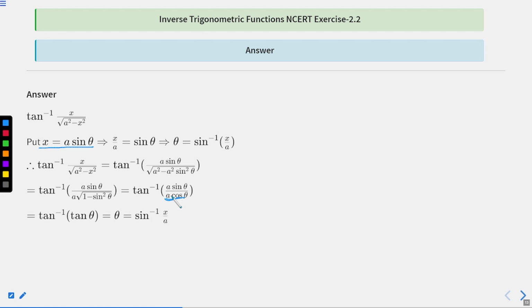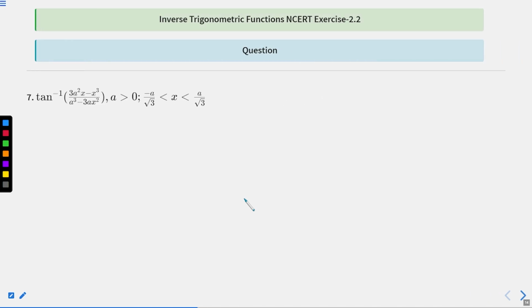As you can see, this a will get cancelled and this will become tan theta. So tan inverse tan theta will be theta, and theta we got as sin inverse x by a. So I hope that you got how we reached this answer. Okay, let's move to the next.